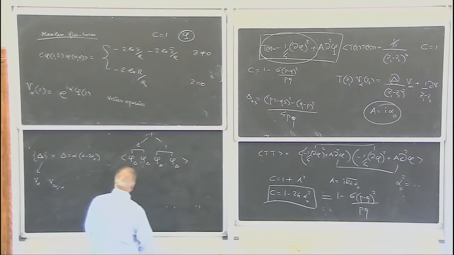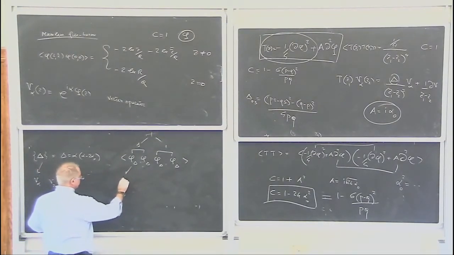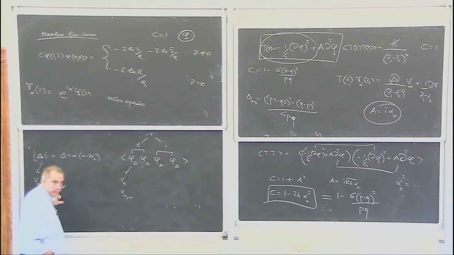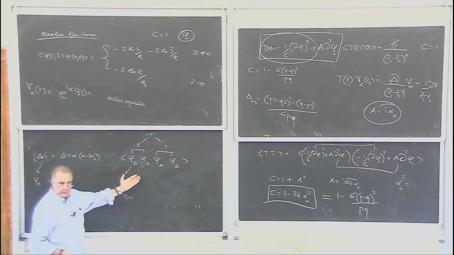Now, in this approach, I can represent one of these fields either with V alpha or with V 2 alpha 0 minus alpha. Because if I believe that this field can be represented by this vertex operator, I can do it.